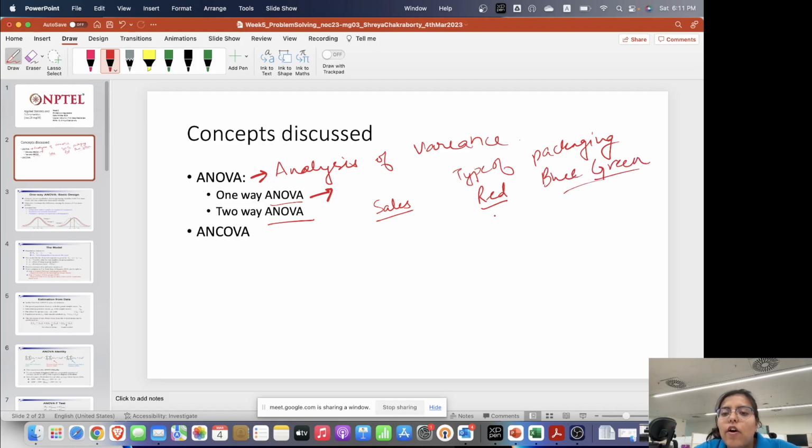In order to find out if the color or type of packaging has a differential effect on the sales, we use ANOVA models, where we are modeling some response Y based on these categories. These categories are nothing but levels of the explanatory variable.